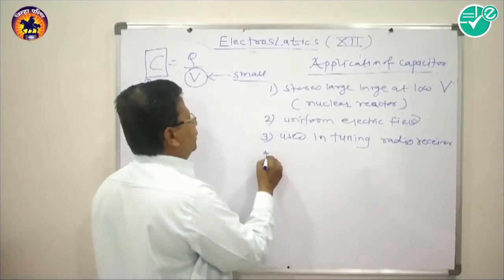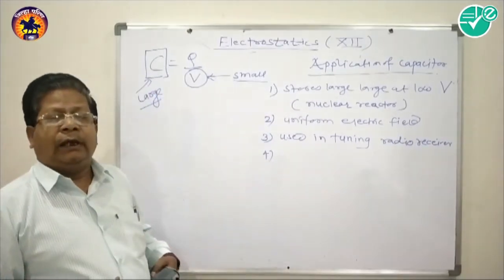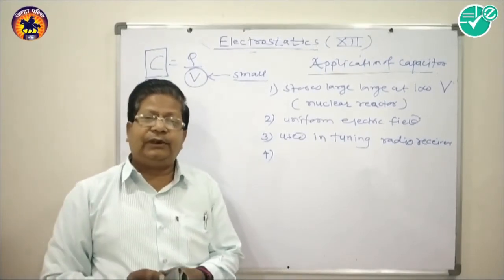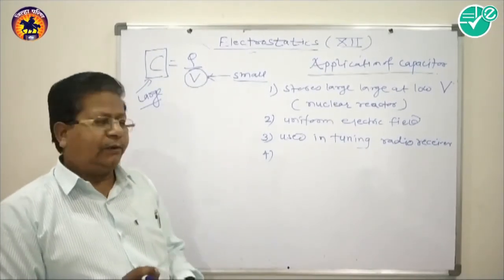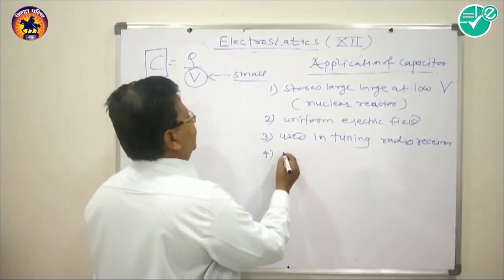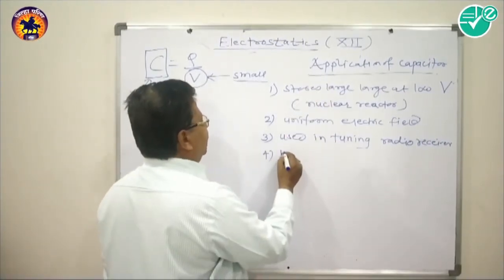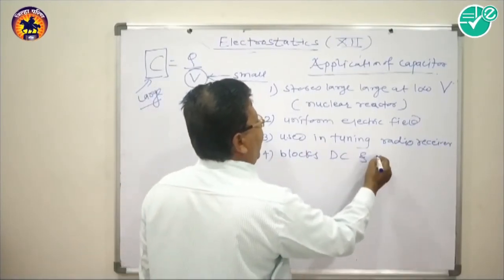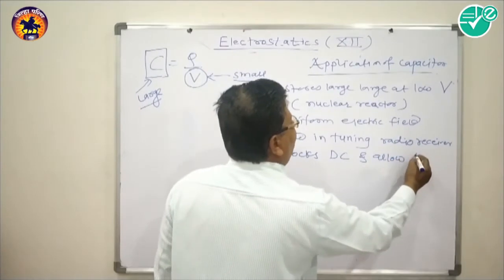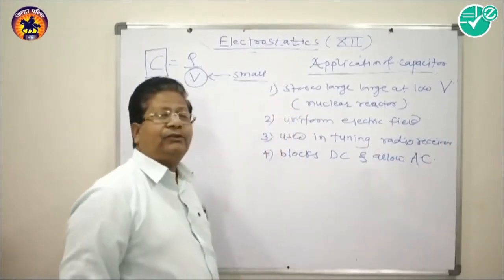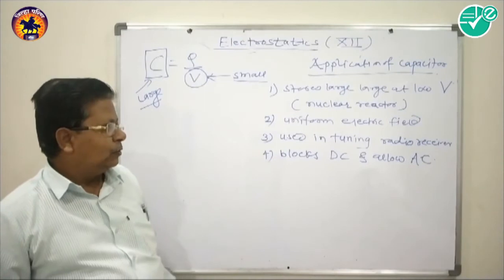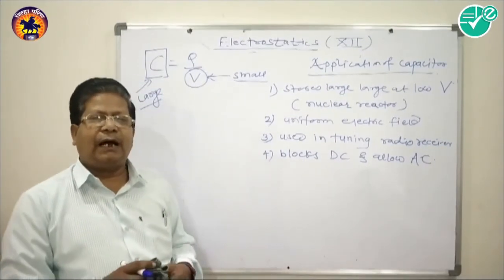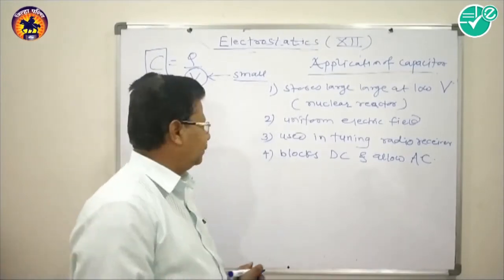That means a particular station in the radio can be selected by adjusting the capacitor. Again, a capacitor blocks DC and allows AC to pass through it. So direct currents are blocked by the capacitor and alternating currents are allowed.